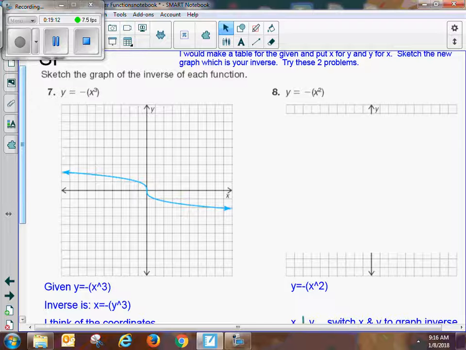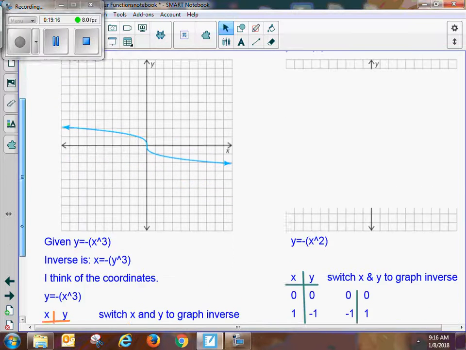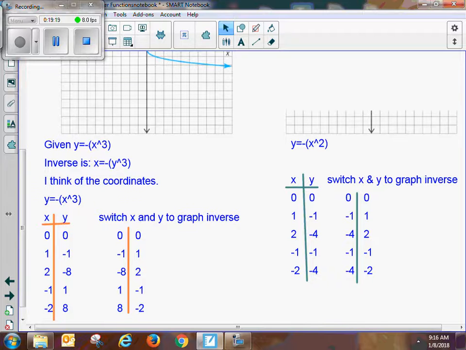Okay, so the other one is the graph of negative x squared. So isn't that just your parabola opening downward? We've done a zillion of those. So here is from the parent and your reference points, 0, 0, 1, negative 1, because the negate, 2 squared is 4, negate, negative 1 squared is 1, negate, negative 2 squared is 4, negate. Now from that, what did I do with my x and y values? Switch them, exactly.